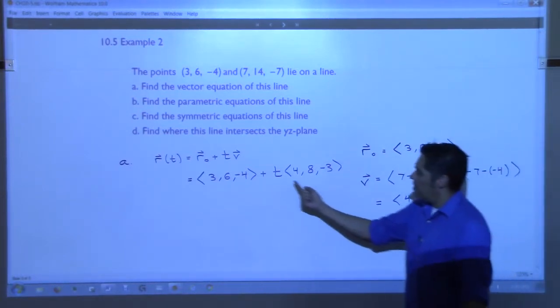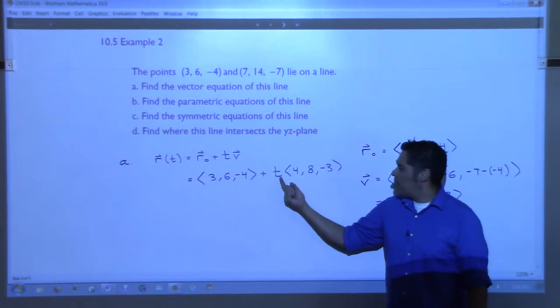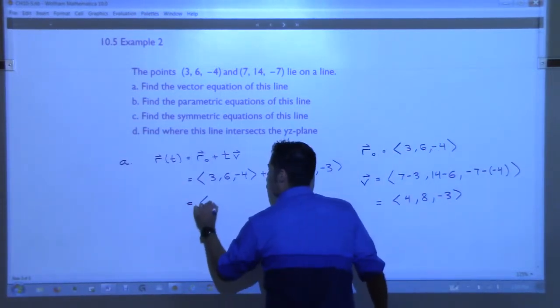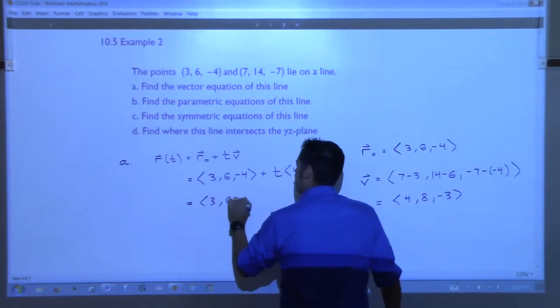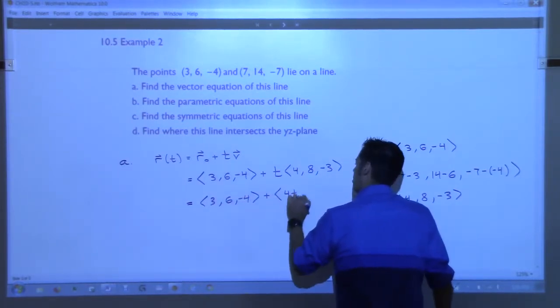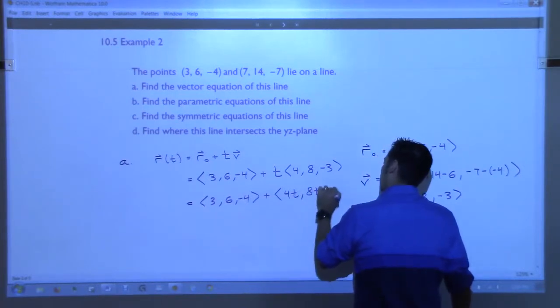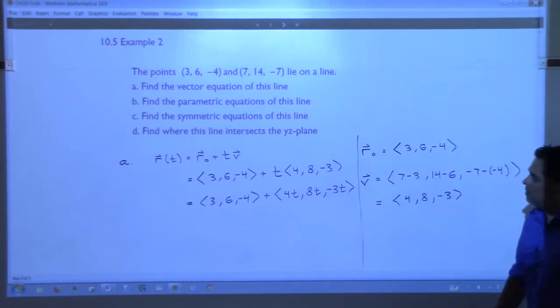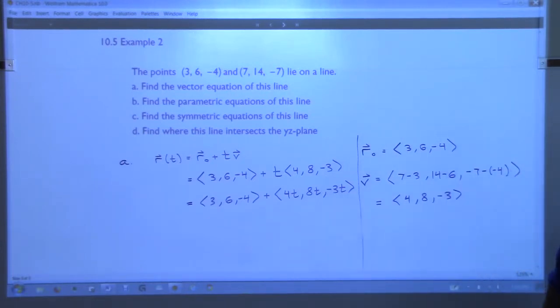But I also have t as a scalar, isn't it? Yeah. So that t can go through to each of these. So I'm going to do that first. So I have 3, 6, negative 4 plus 4t, 8t, negative 3t. Right, that's just distribution of the t through.